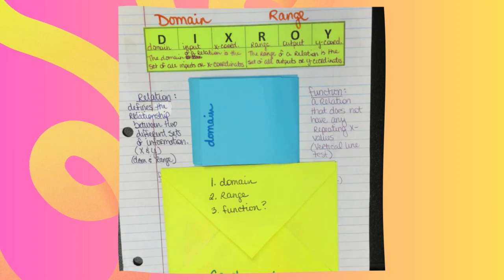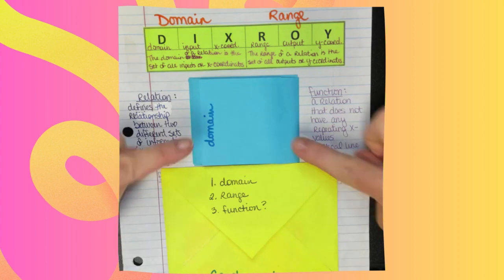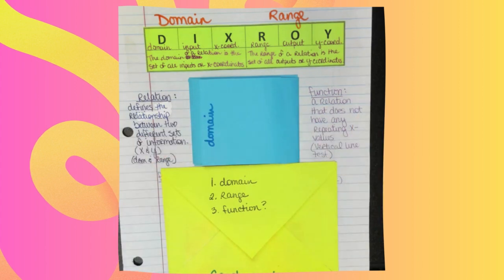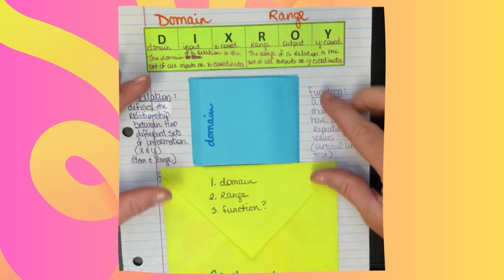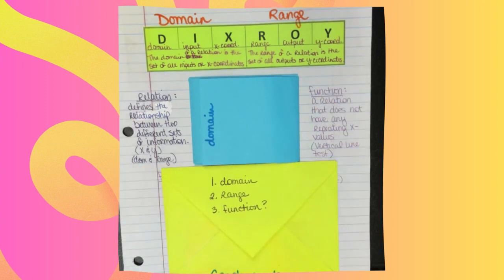and then I want you guys to add a couple of things to your domain and range window that I had you guys put on here. All right, your domain and range window. So the idea behind this is we're going to be able to take graphs and put them into the window and actually visualize or see our domain and range values.